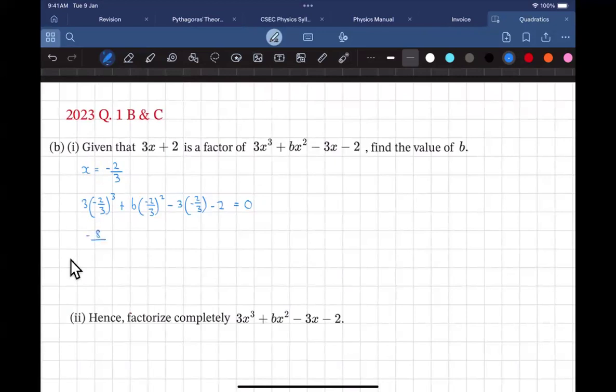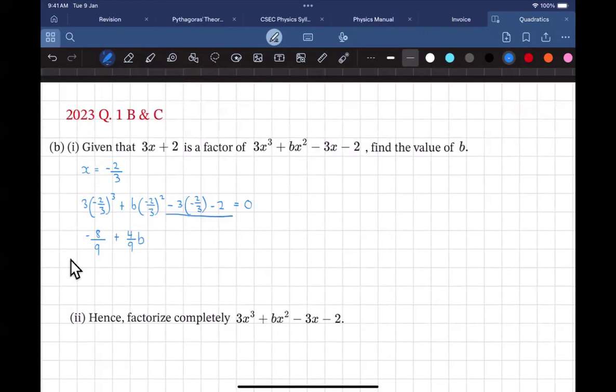Minus 8/9. Plus 4/9 b, right? So that was 4/9 b. All right, what next?